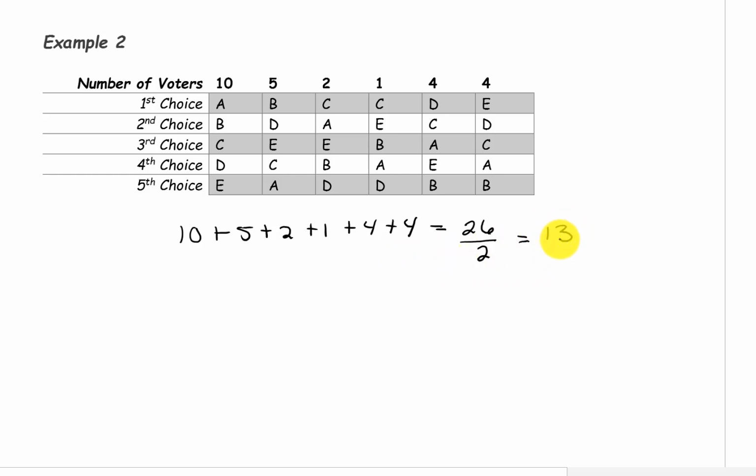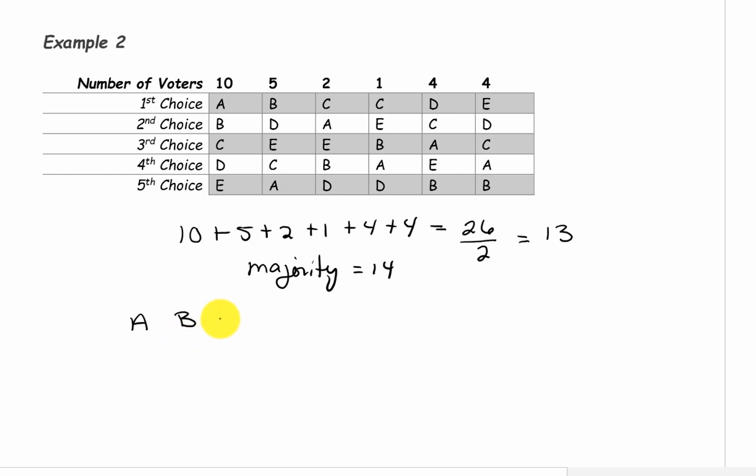That's exactly half. We need more than half to have majority, so majority would be 14. So we need a candidate to have a total of 14 votes or more in order to win using the plurality with elimination method.